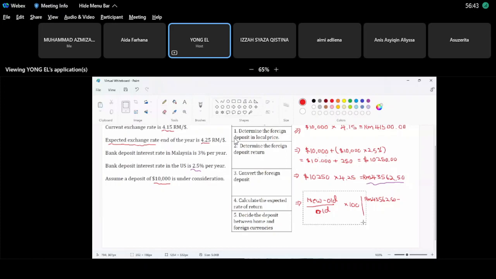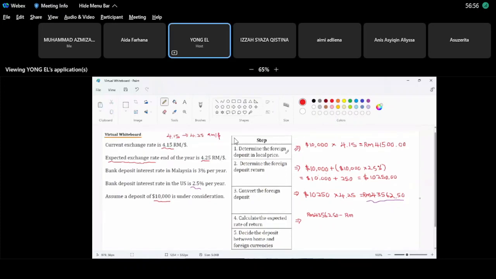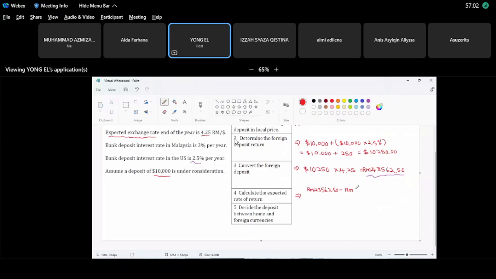We just take away this one. Okay. Minus the initial amount from step 1, which is 41,500. Okay. And then I need to divide this by the old one.